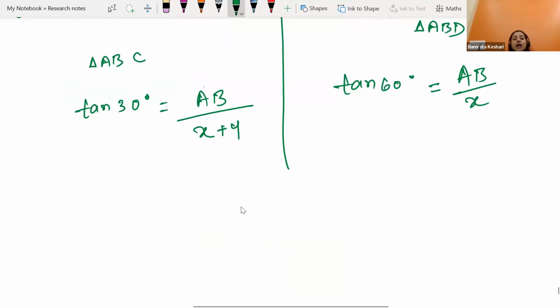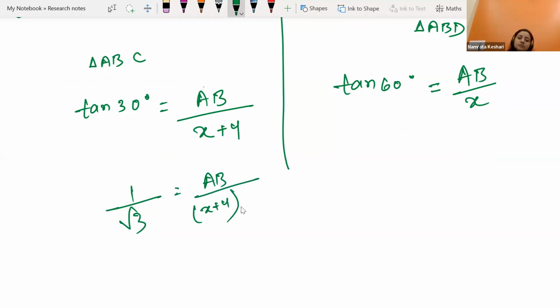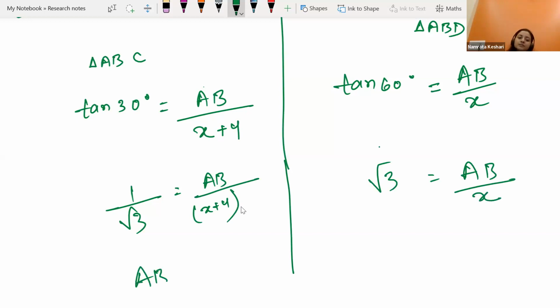Tan 30, just now we have used that tan 30 value was 1 by root 3. Tan 60 value was just root 3. AB is this, x plus 40 will go to the other side.